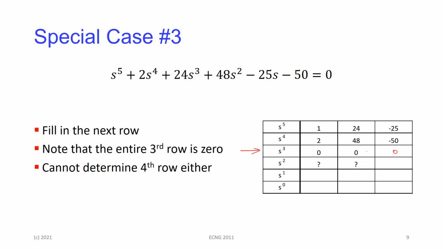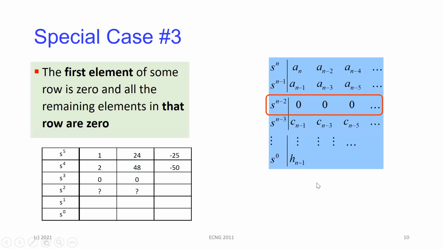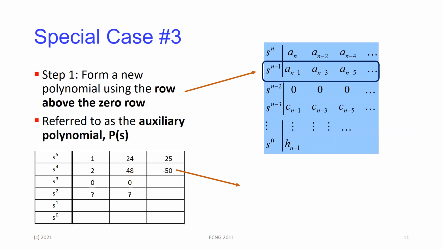So what we do now is a little bit of calculus. If the first element and all the remaining elements of that row are 0, what we do is form a new polynomial using the row immediately above. So the s cubed row is 0. We look at the row above that, and we form something called the auxiliary polynomial.